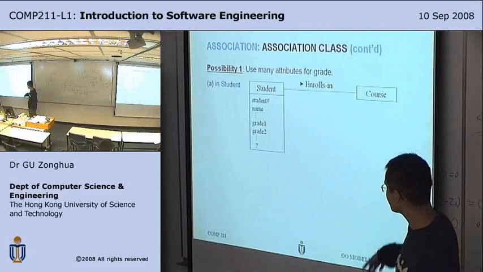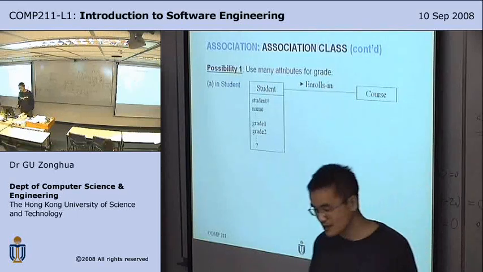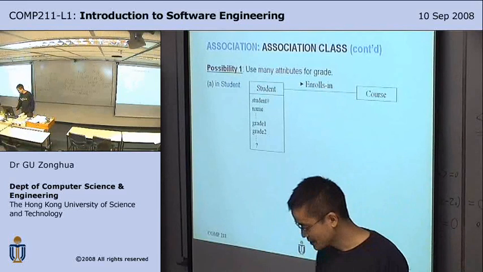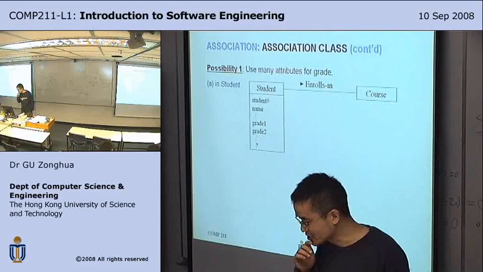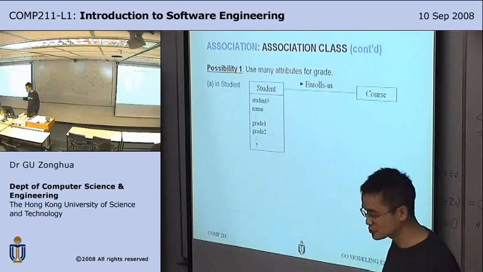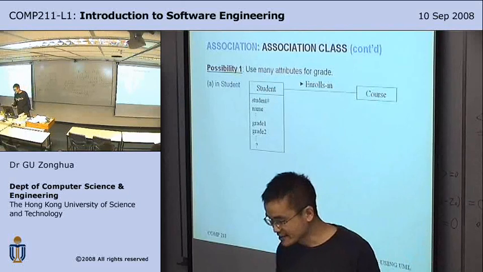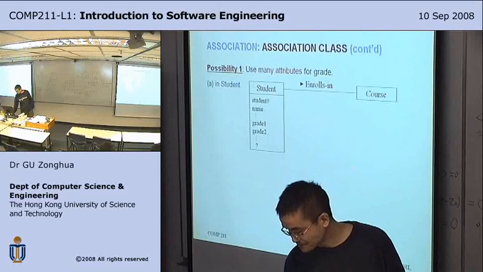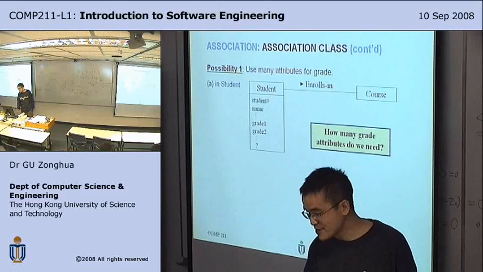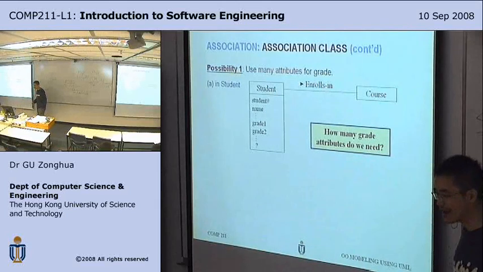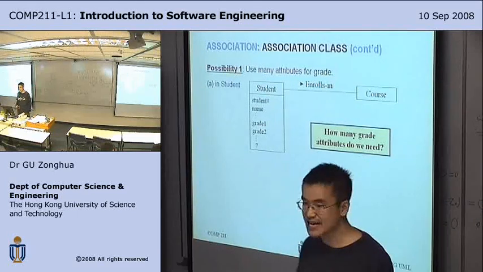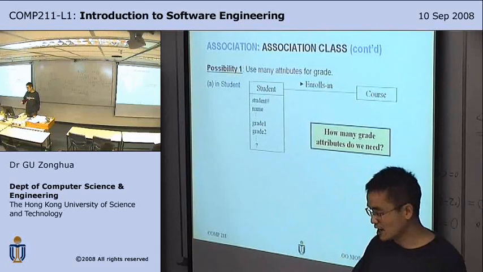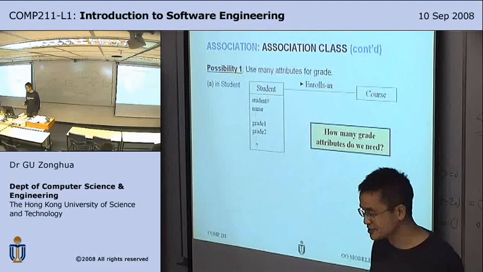Therefore, we first discuss a few possibilities which are really not good to bring out the right solution. So the first solution is to use many attributes for grade and pull them into the student class. So immediately you see the problem. You don't know how many courses the student is going to take for his entire stay at university.